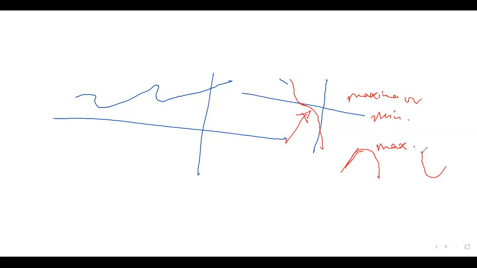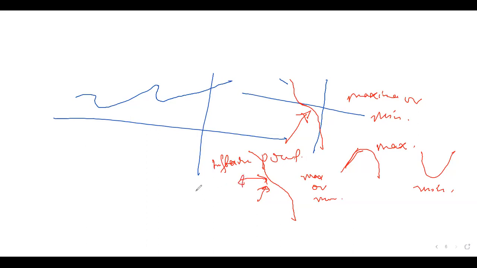Okay, if you have something like this it is a minimum. But what if you have a situation where you have a function like this? So it's hard for you to say that this is either a maximum or a minimum. And back then in high school, you could call this the inflection point, or point of inflexion. And when we go to advanced stuff, we call this the saddle point.